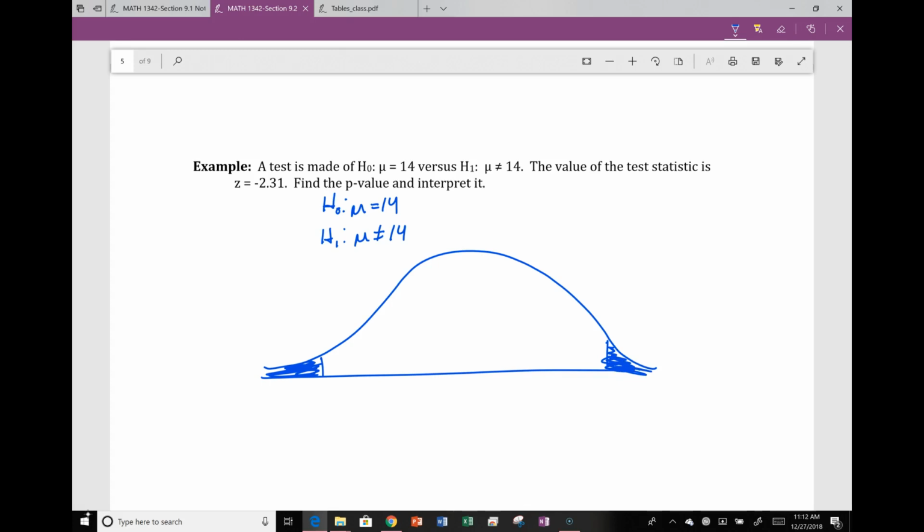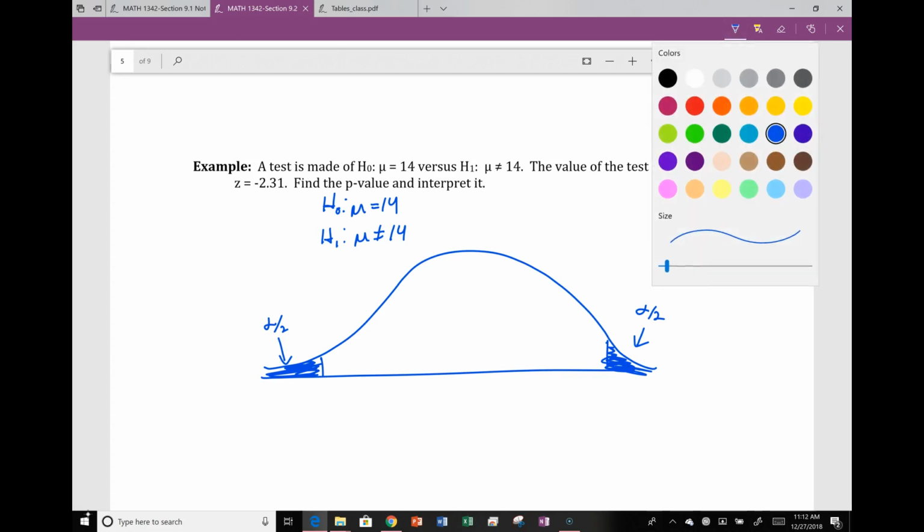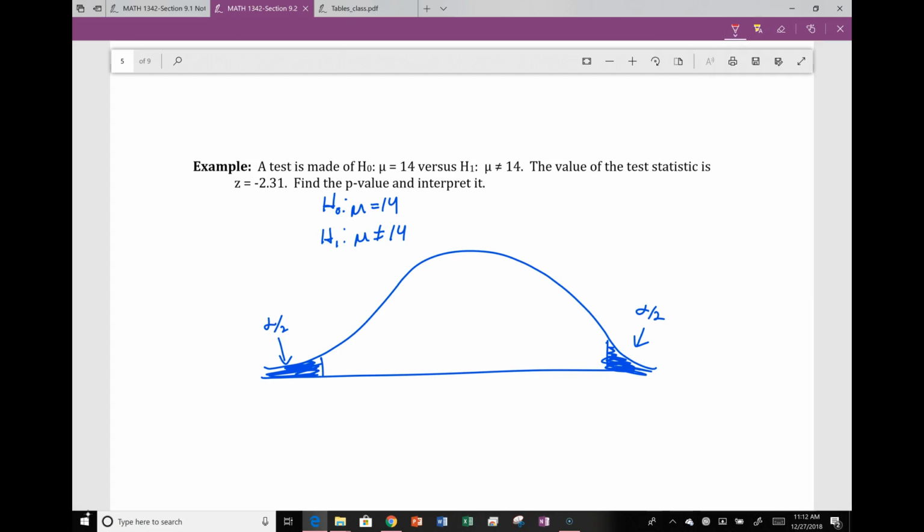And so when we shade both sides, that would mean that alpha divided by 2 would go into each side. So we divided our alpha by 2 in this case. Now, our test statistic is going to be a negative 2.31. So it's on the left side of our diagram.